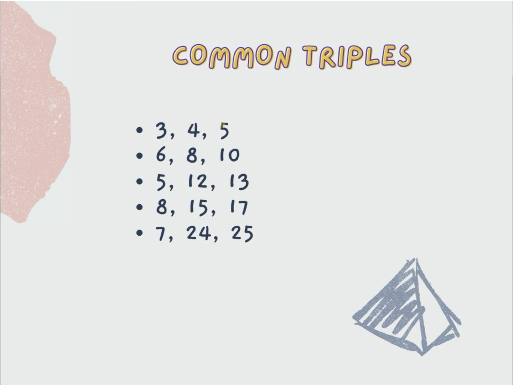This column right here has to be your hypotenuse. These have to be your hypotenuse, which is considered your C. Because again, we know that the hypotenuse is the longest side. So these are the numbers that are going in your A squared plus B squared equals your C squared.